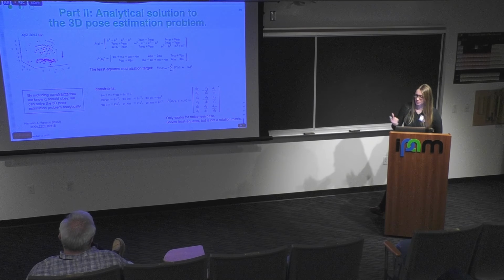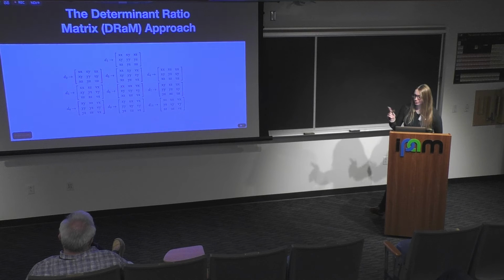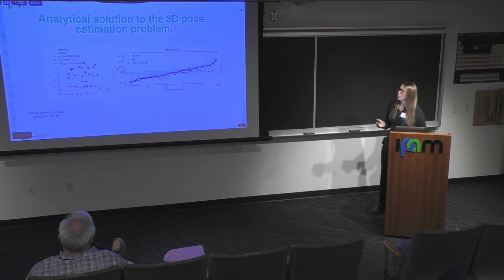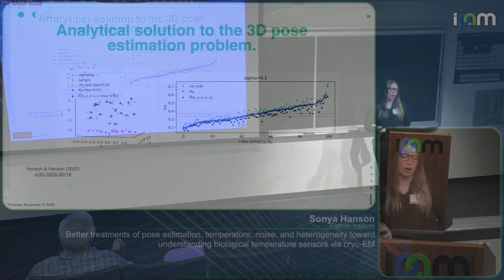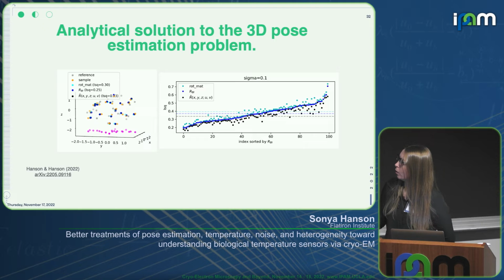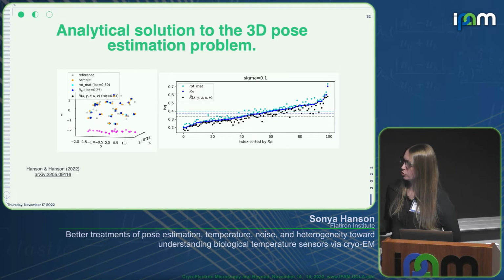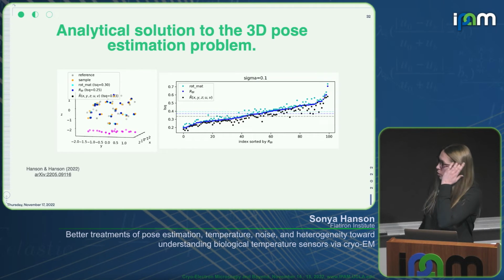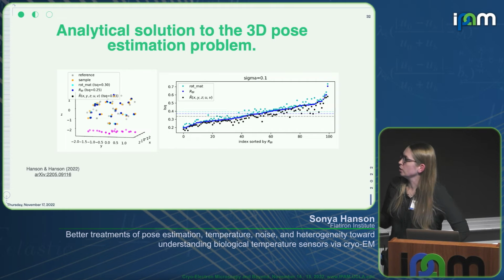Yes, so we propose the DRAM solution to the 3D to 2D pose estimation problem. And here's just some results where we have sigma equals 0.1. And here we compare our R tilde, which is the solution I showed you, which isn't a true orthogonal matrix in the case of noise, in black. And you can see the least squares here is lower.